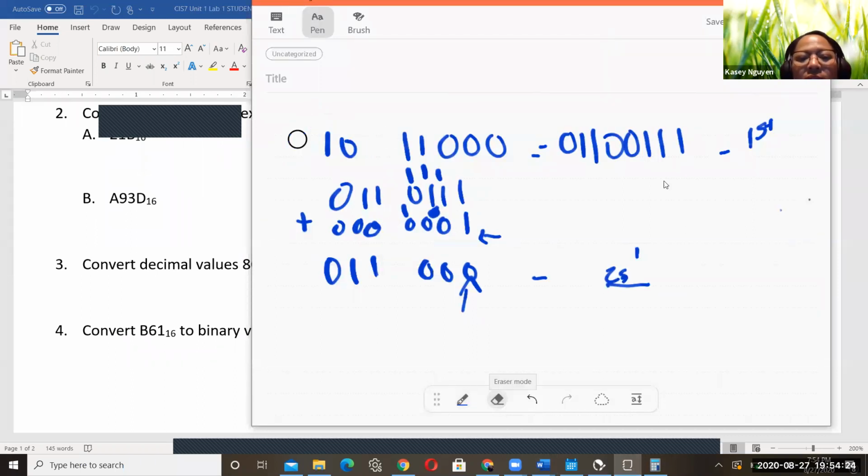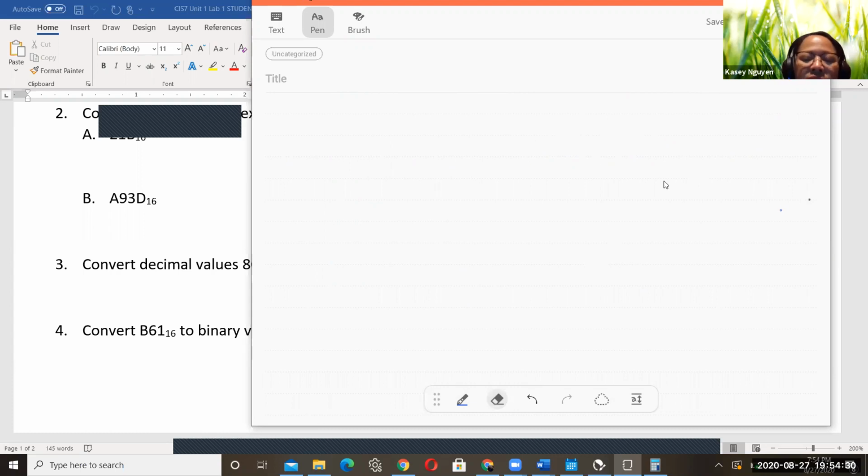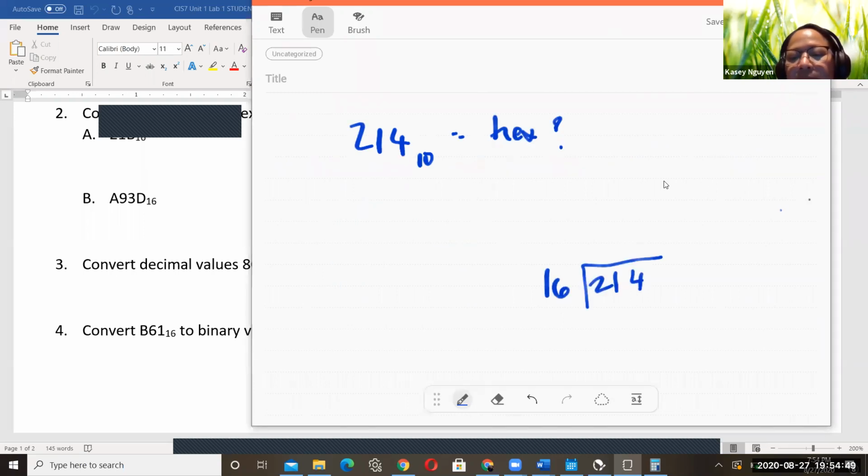Let me do another example for you, so we don't have to do a large number. Let's say I have 214, and I want to make it into a hexadecimal. We start with 214 divided by 16.